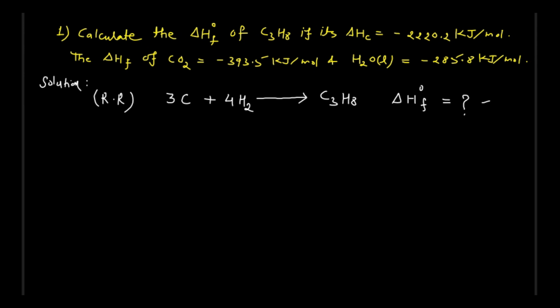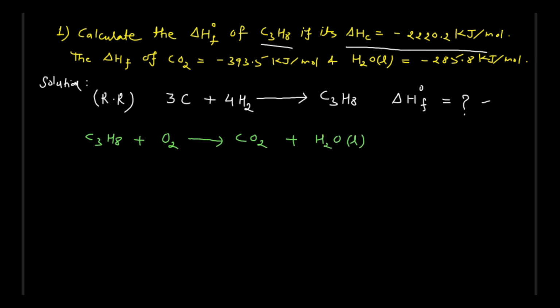And what have you been given? You have been given the heat of combustion of propane. So you have C3H8, and you are combusting it in a sufficient supply of oxygen. You will produce carbon dioxide in the gaseous form and liquid water.